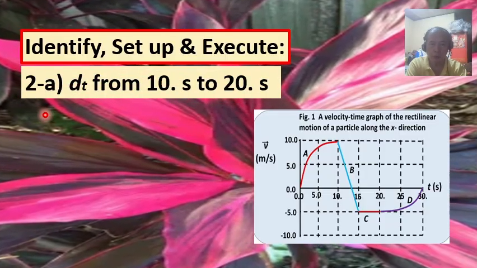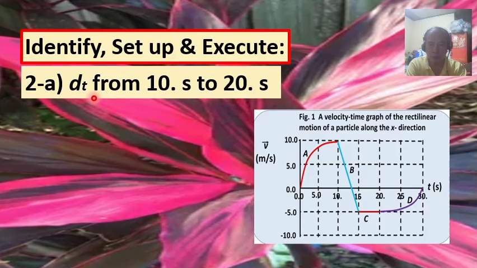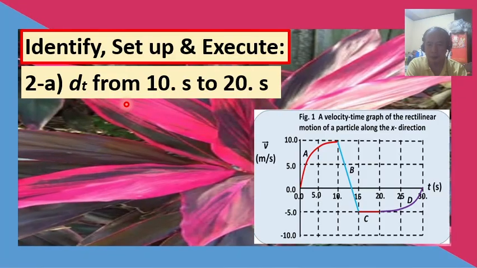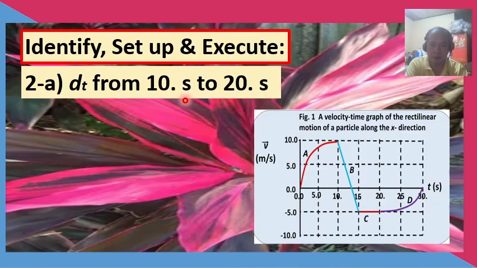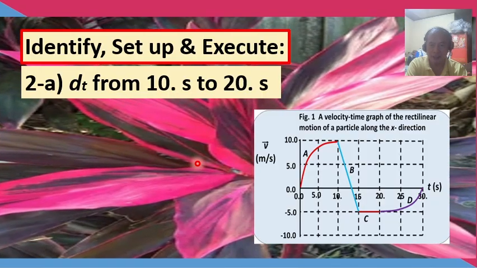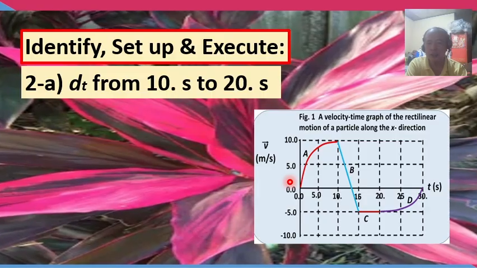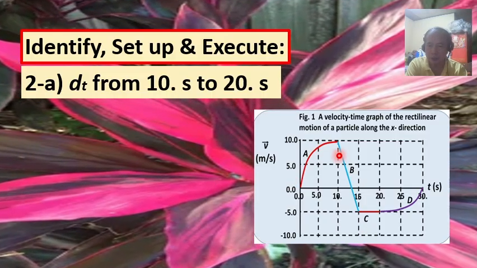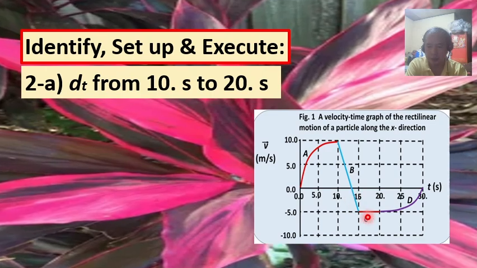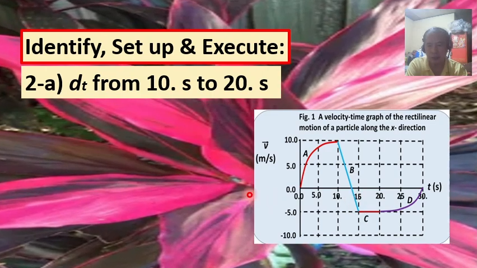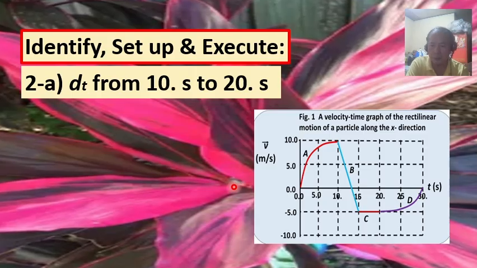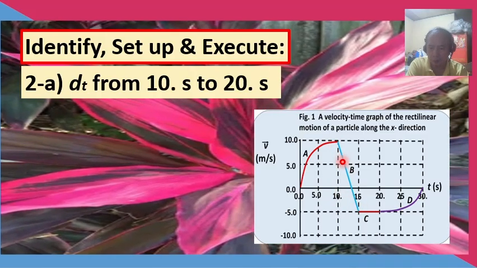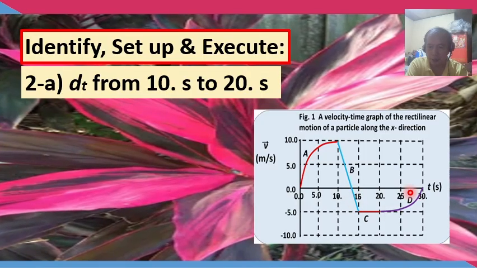So for question number 2-A, we are to determine the total distance covered by the particle from 10.0 seconds to 20.0 seconds, still using the velocity-time graph that we have here, specifically graph lines B and C. We shade the area bounded by these graph lines with the time axis.